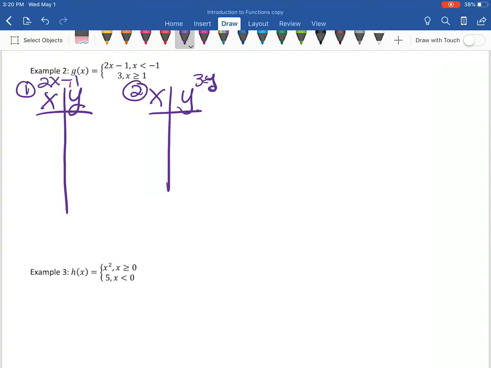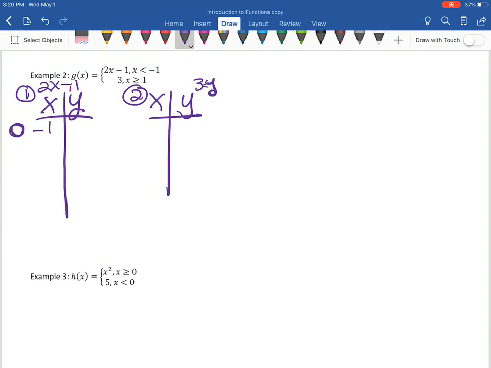For the first piece, we want to pick values so that it's less than -1. So I want to start at -1, but I want this to be an open circle since we're not including -1. And I want to pick numbers that are less than -1. So say -2, -3, -4. And then it keeps going.